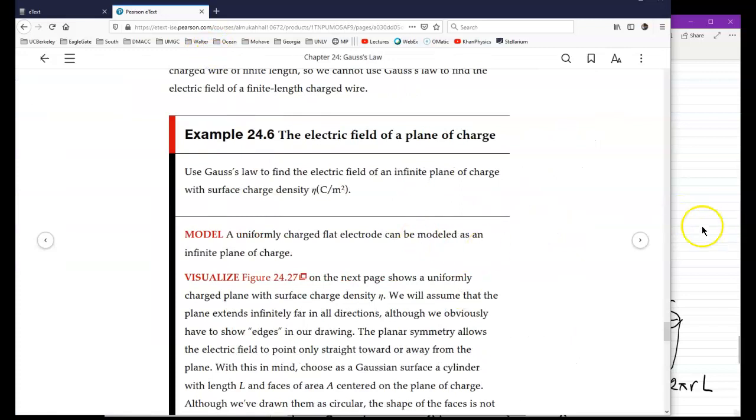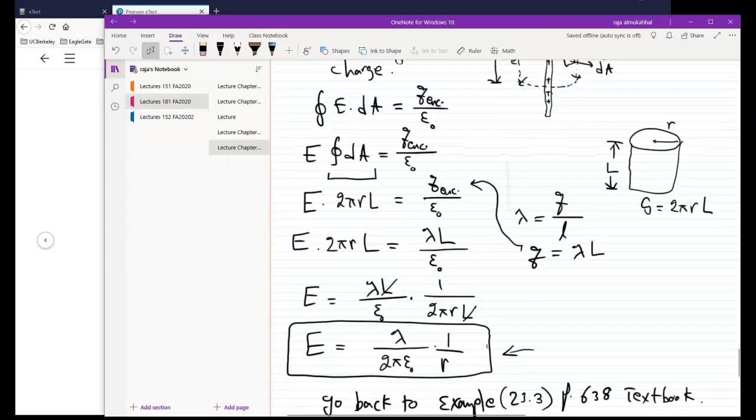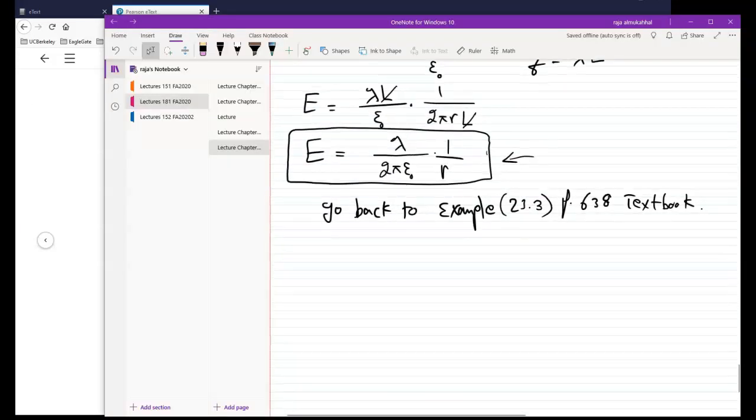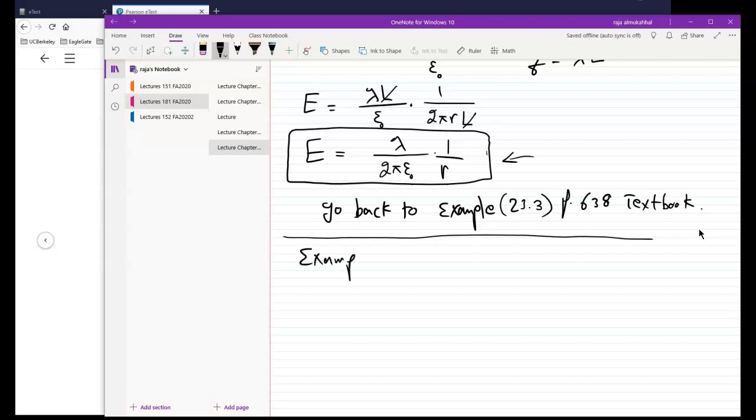Again, it's not a difficult problem, using Gauss's law, that is. Example 24.6: electric field of an infinite plane of charge.